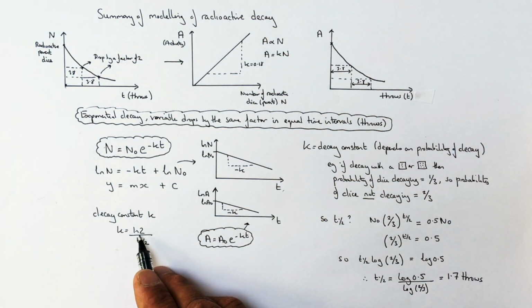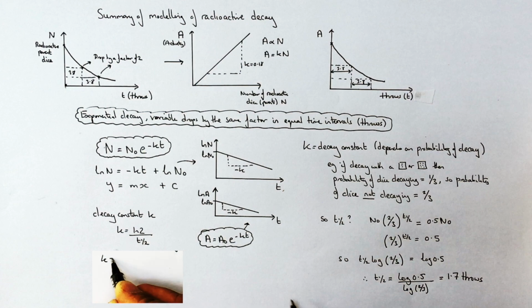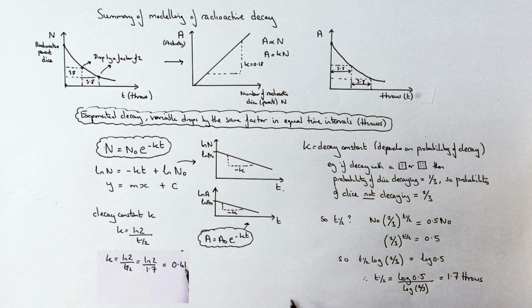Finally, the decay constant k equals log 2 divided by t to the half, which is log 2 divided by 1.7, which gives us 0.41, which is a much larger decay constant than 0.18, so it will decay much more rapidly.